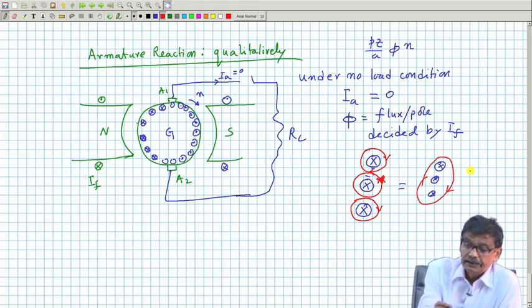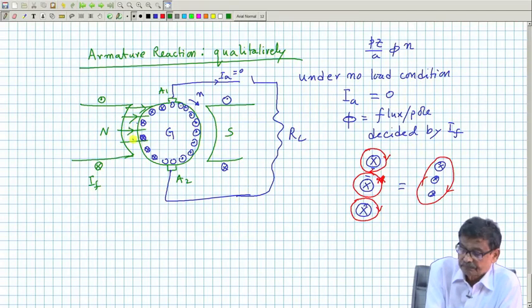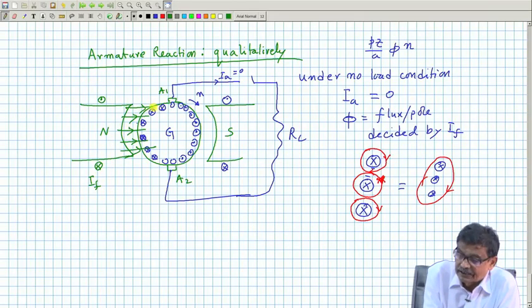Now, you see the original lines of force produced by the field coil. It was like this, uniformly distributed, when there was no armature current. Now, what I find is that for each of these conductors, this was the original flux and there is an MMF here.